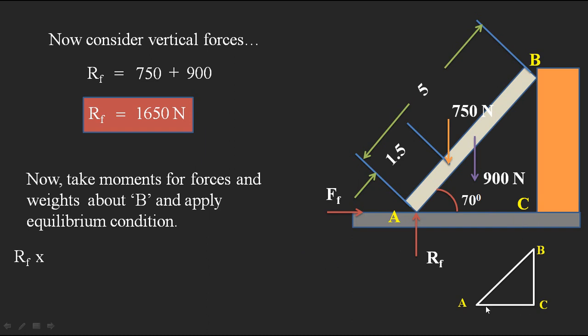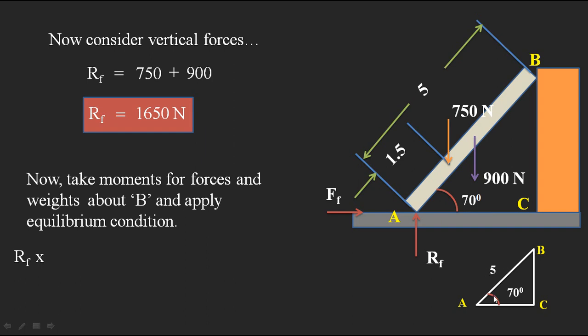How will you get that AC? If you construct a right angle triangle ACB here, this AC we can find by knowing AB and BC, or directly by knowing the angle 70 degrees. I'll show you how. For this right angle triangle we know the AB length as 5 meters and the angle as 70 degrees.